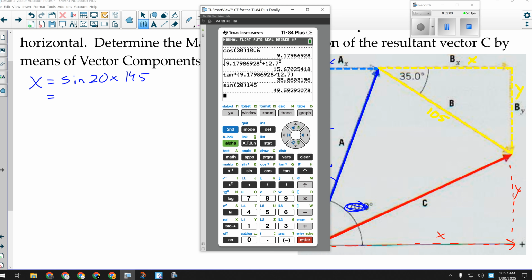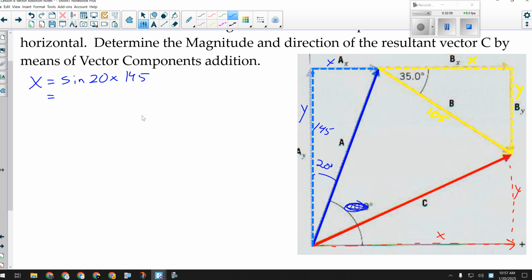All right, 49.59. I'm going to keep all those decimals in my calculator, but I'm only going to write the first two. 49.59 meters, and that's going to be positive because it's to the right. Now, in order to get y, I'm going to have to use cos, because it's adjacent to the 20-degree angle.